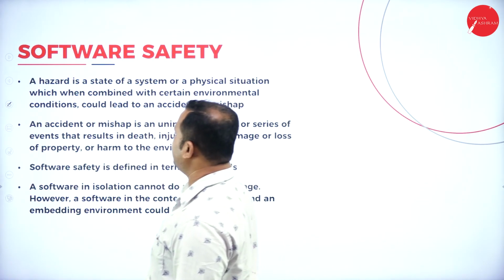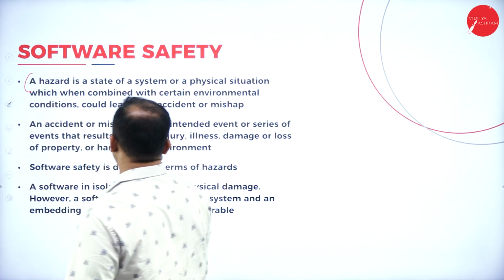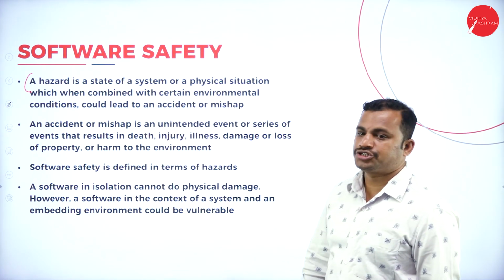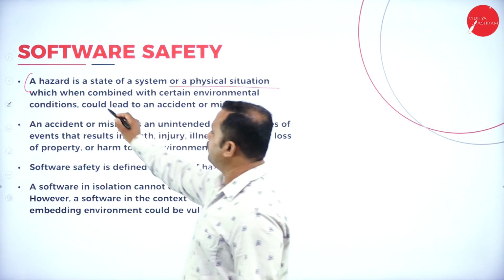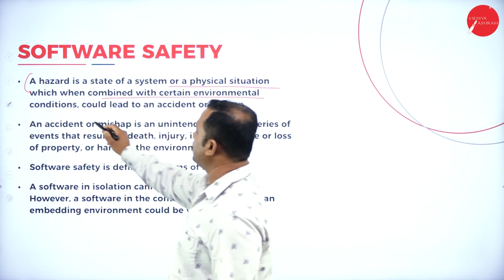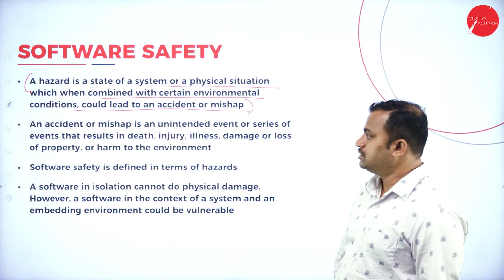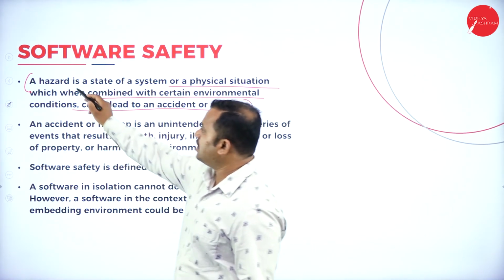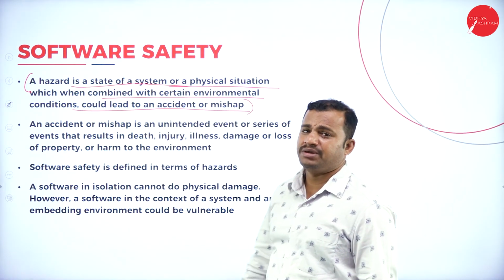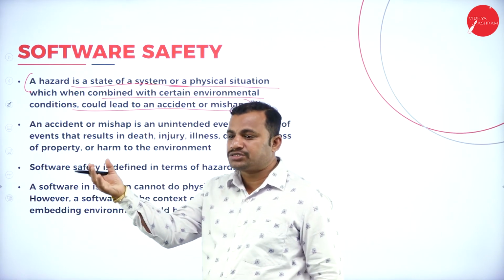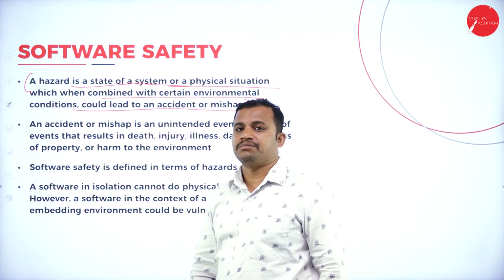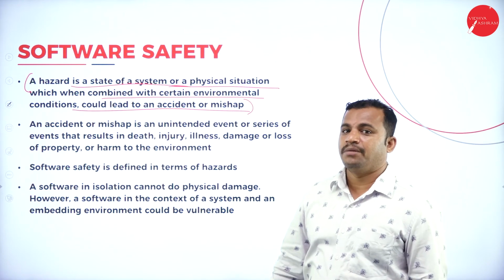Then software safety. Software safety includes the physical situation which, when combined with certain environmental conditions, could lead to an accident or mishap. A hazardous state of a system arises, for example, when a large number of users try to access the system at the same time in online applications.